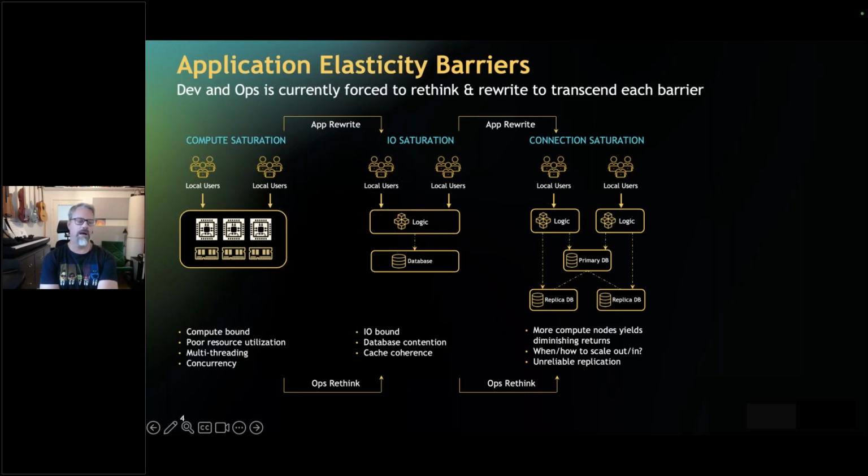So the question is, how do you efficiently scale in and out, and how are you able to do replication in an efficient way that doesn't saturate that?